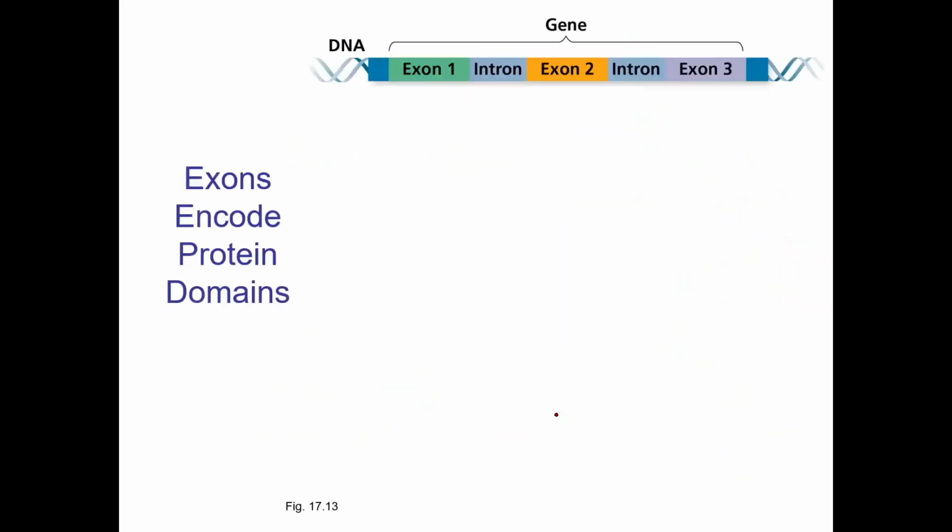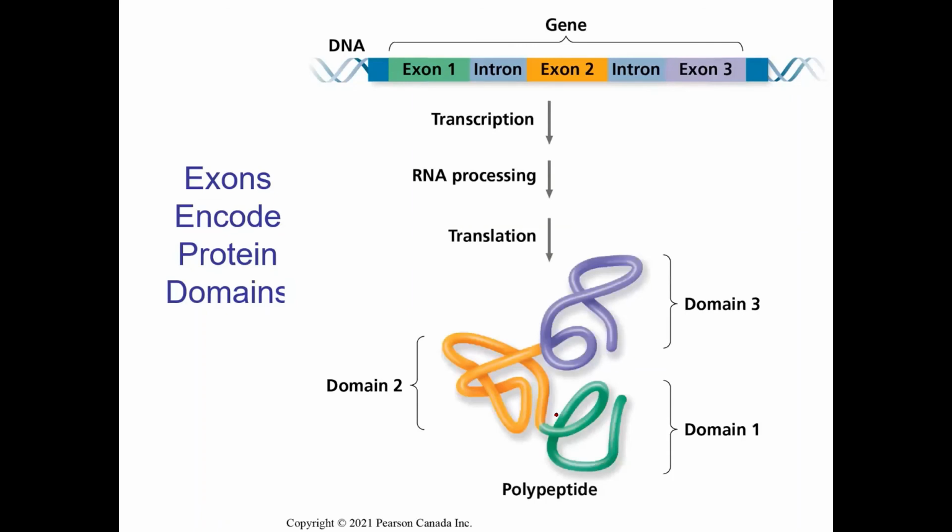Okay, so I had asked the question, what is going on with those introns? What is the point? There's a lot that we don't know about introns, but we have made some observations in some areas where they are useful. Sometimes these exons are different domains of a protein. What do I mean by domain? I mean these folded sections.